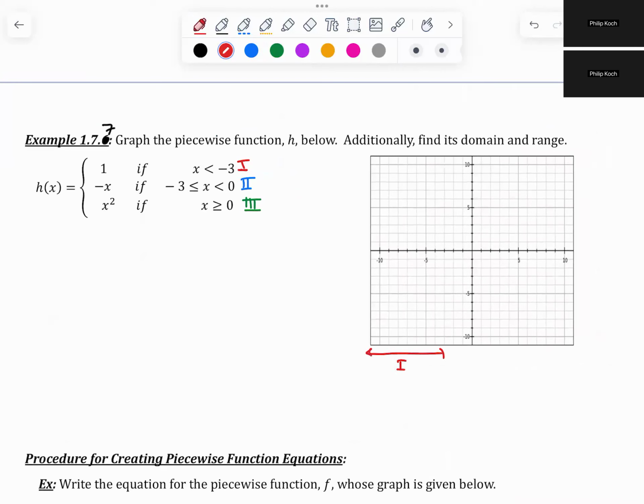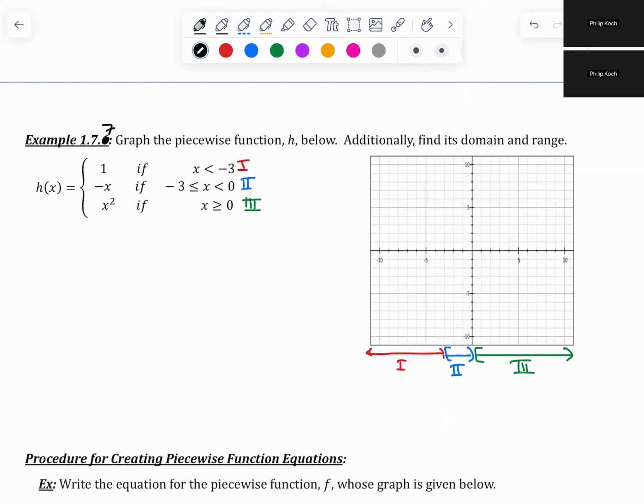That's piece 1. Piece 2 is between -3 and 0, including -3, but excluding 0. And then piece 3 is from including 0 and beyond. This is just to help me, and you can use vertical lines to separate it up if you want. It makes it easier to draw your little grid line at the bottom. But either way, 2 dividing values, -3 and 0.